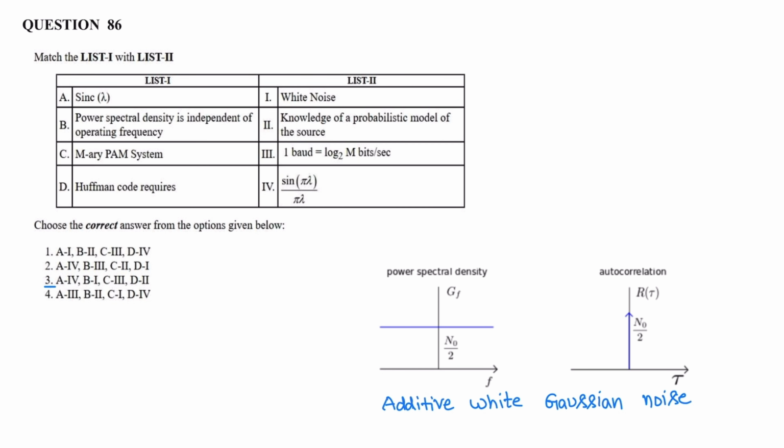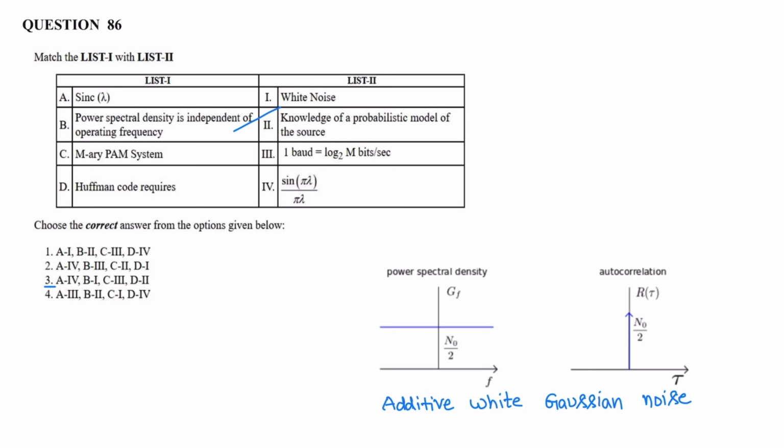Question number 86. Additive white Gaussian noise: power spectral density is independent of operating frequency. The power spectral density is constant. So B matches to 1.